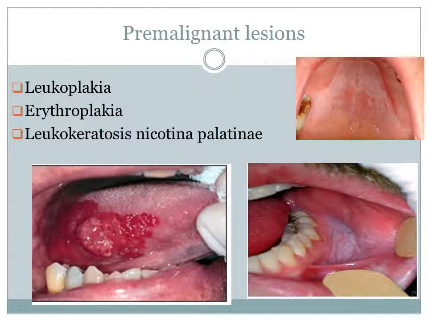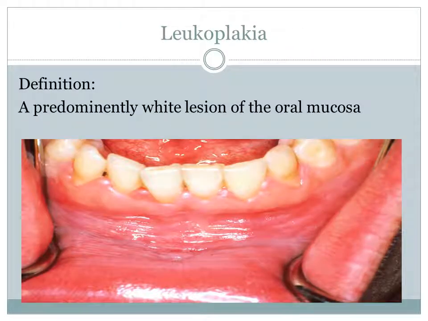We have many types of premalignant lesions, and we mention three of them here: leukoplakia, erythroplakia, and leukokeratosis. Leukoplakia is defined as a predominantly white lesion of the oral mucosa that cannot be characterized as any other definable lesion.